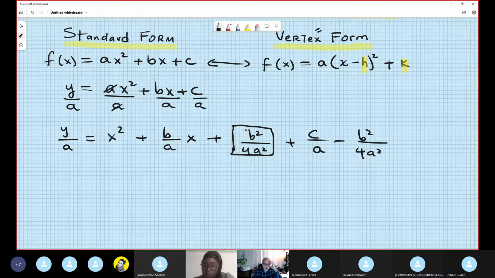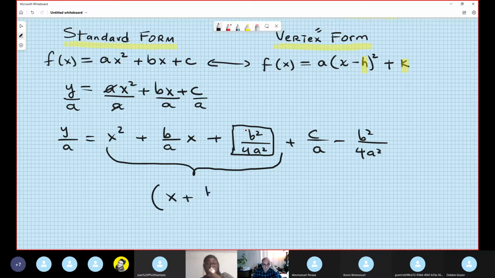Now I can see that this part is a perfect square trinomial, and the factorization is x plus b over 2a, squared. Bam. Plus, for that part, I propose you find the least common denominator, which is 4a squared. So we have 4a squared divided by a is 4a, times c is 4ac, minus b squared. Boom.